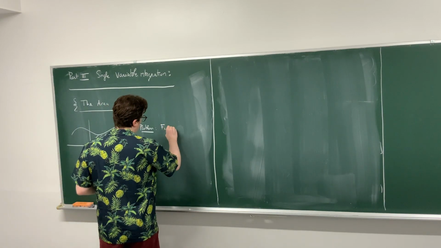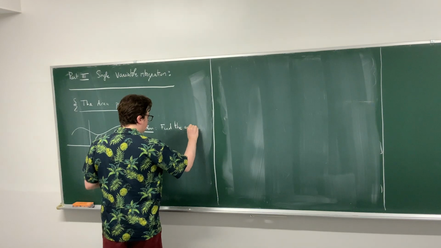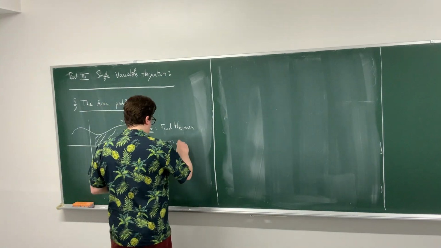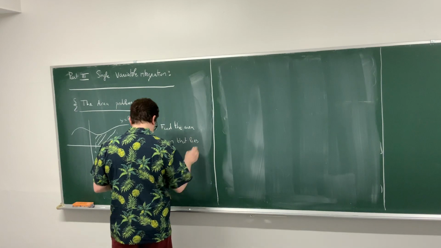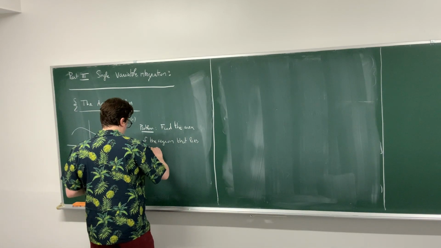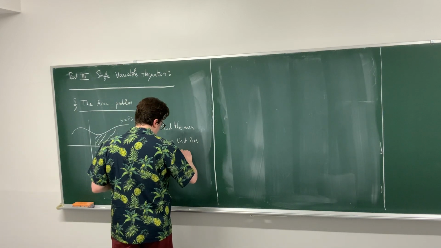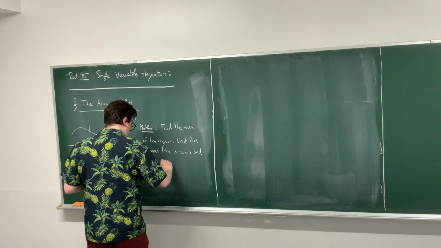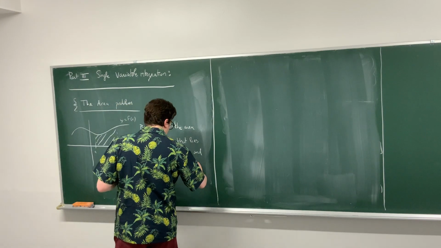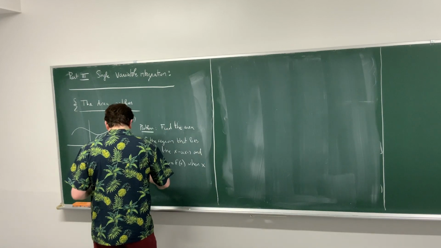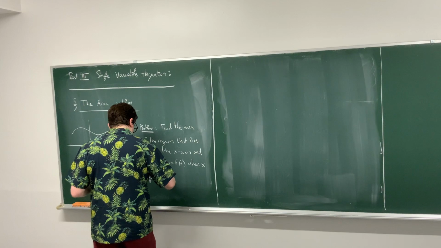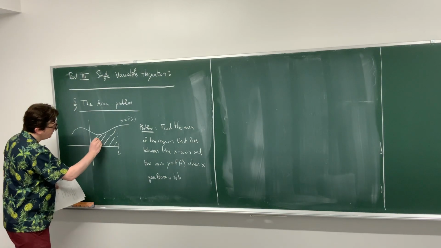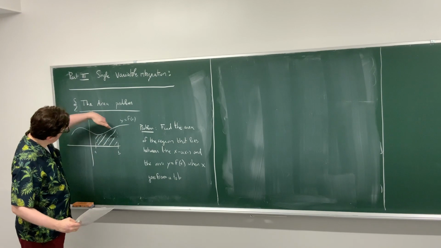We want to find the area of the region that lies between the x-axis and the curve y equal f of x when x goes from A to B. Okay?